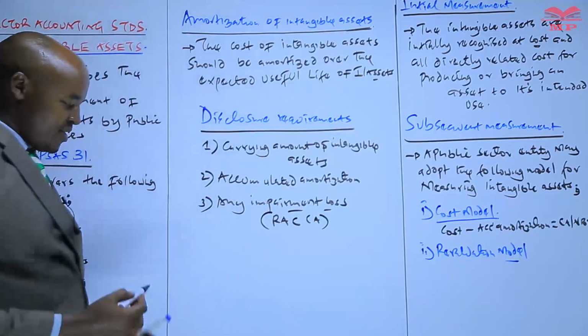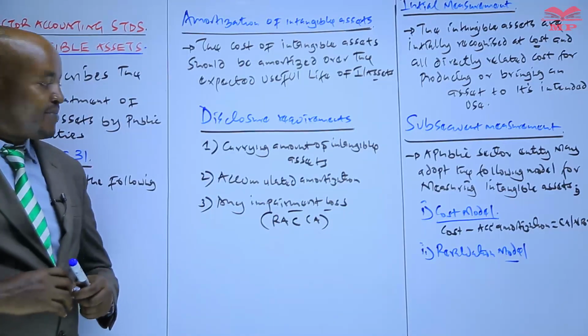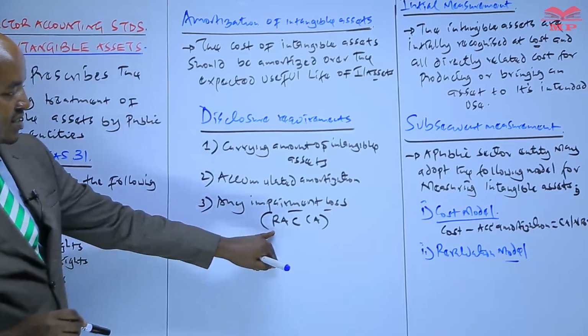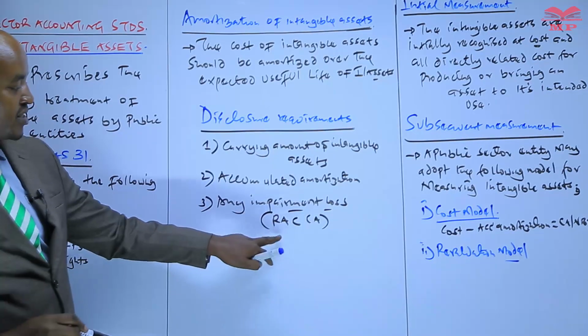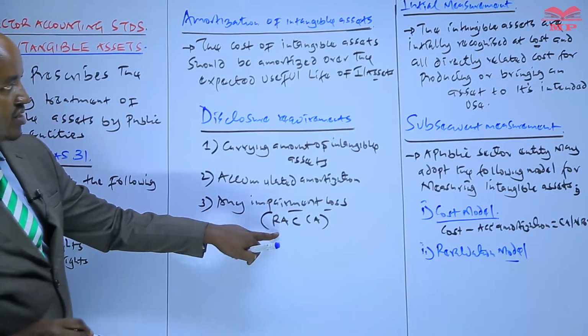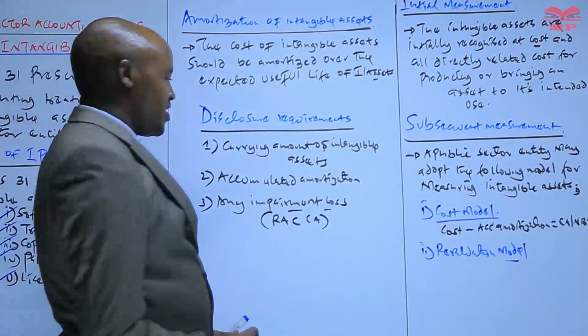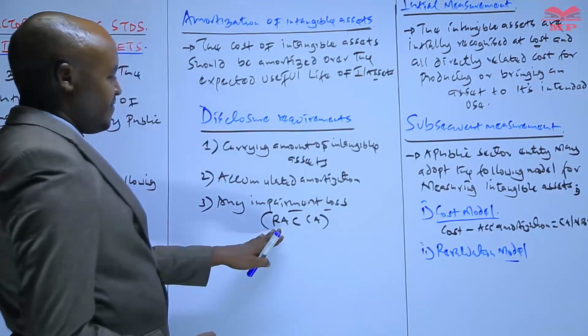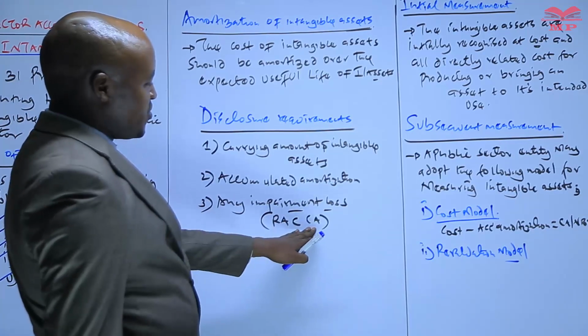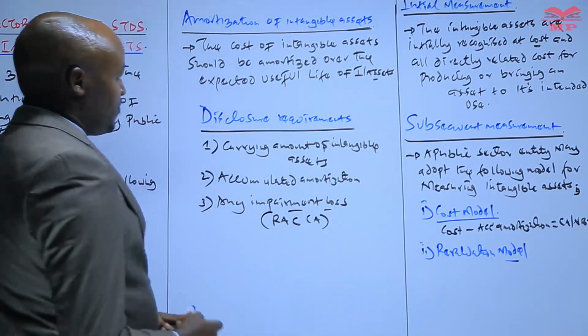Basically, the recoverable amount is the amount which a public sector entity can get after selling what? An intangible asset. So if this amount has reduced below the carrying amount, then an impairment loss should be recognized as the difference between the carrying amount minus the recoverable amount.